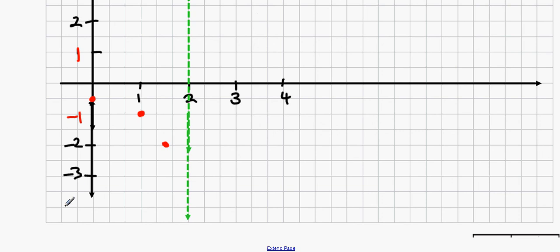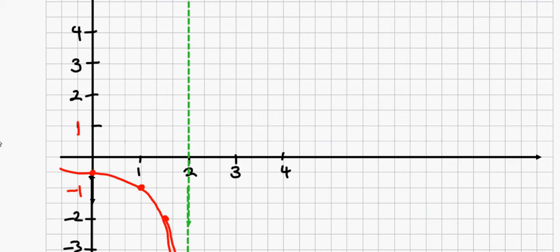So minus 4 being here, 1 and 3/4, which is 1.75, is around here. Now we can see the shape of the graph as it's bending away from the x-axis. It comes in very tight to the asymptote at x equals 2.